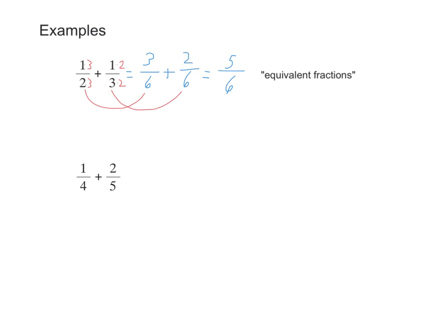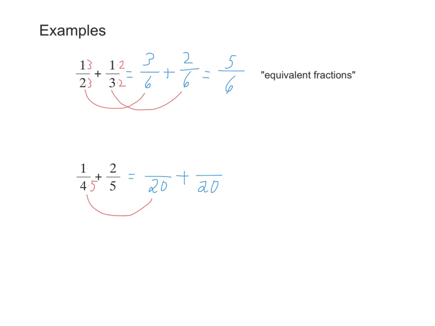Same thing's true for the next one. I need a common denominator, but 4 and 5 have nothing in common. So I'm going to multiply them together to get 20. In the first fraction, making it equivalent, I multiplied 4 times 5.